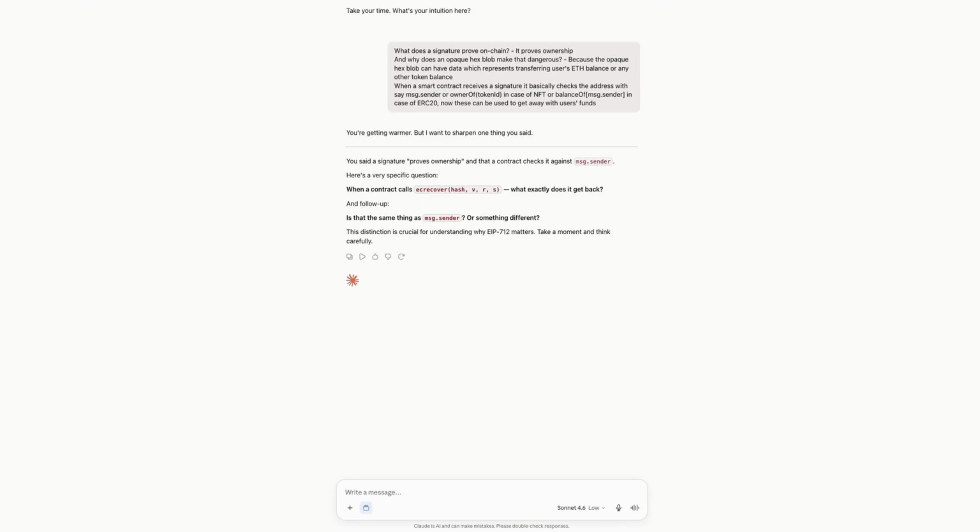You said a signature proves ownership and that a contract checks it against something. Okay, when a contract calls ecrecover with hash, v, r, s, what exactly does it get back? When a contract calls ecrecover, it gets back the address that has signed the hash.